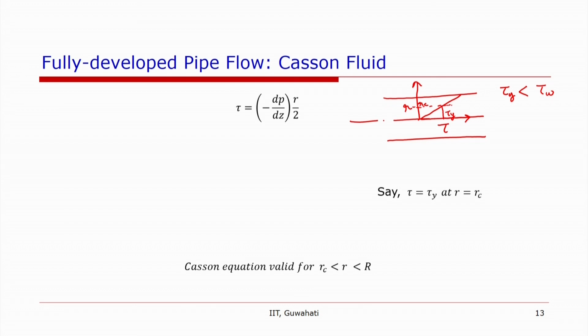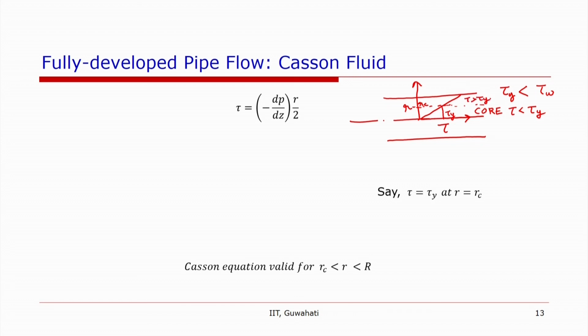When the radius is less than RC, in that region the stress is less than tau y, so we can have two regions. This is the core, and in this region tau is less than tau y, whereas in this region tau is greater than tau y.